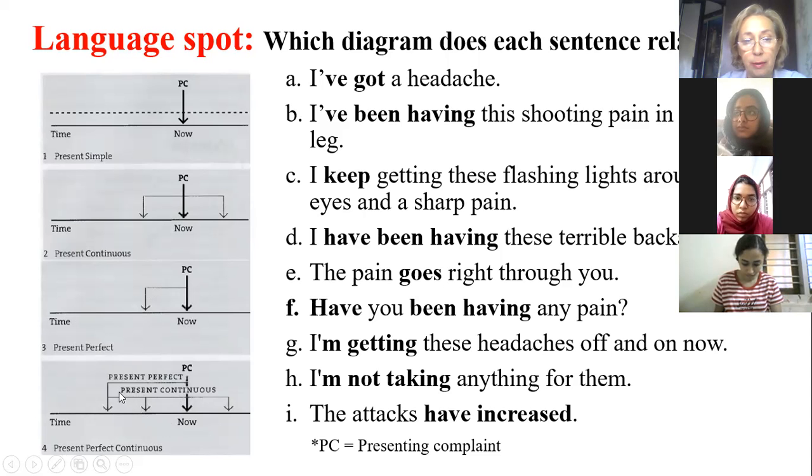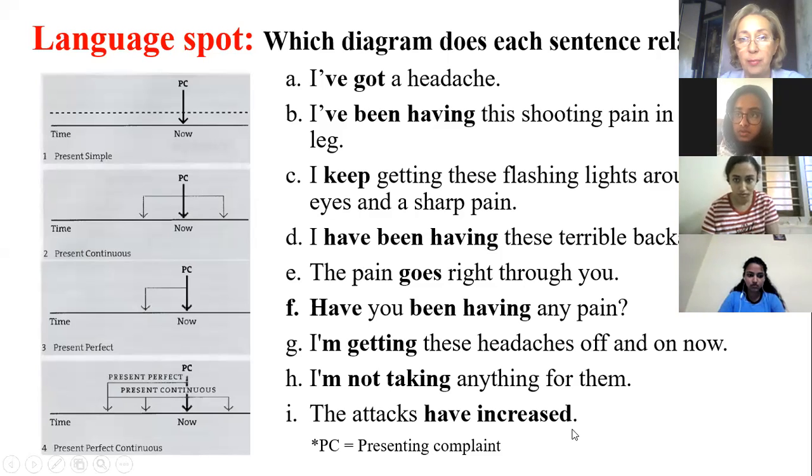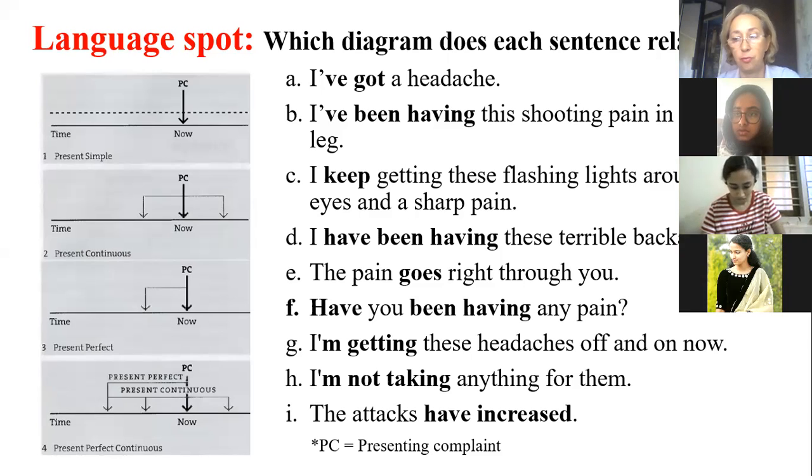So this is given just the form of this tense. And our task is to match each sentence and the diagrams. So the question is, which diagram does each sentence relate to?